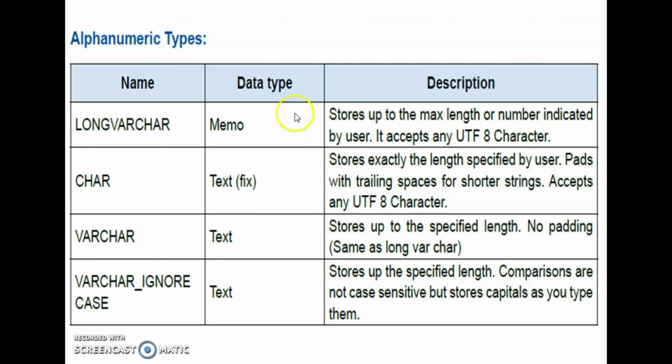Okay. Just go through the description. Long varchar memo stores up to the maximum length indicated by user. Character, char, characters we can store in that particular field. Varchar is also text type, varchar ignore case text type.